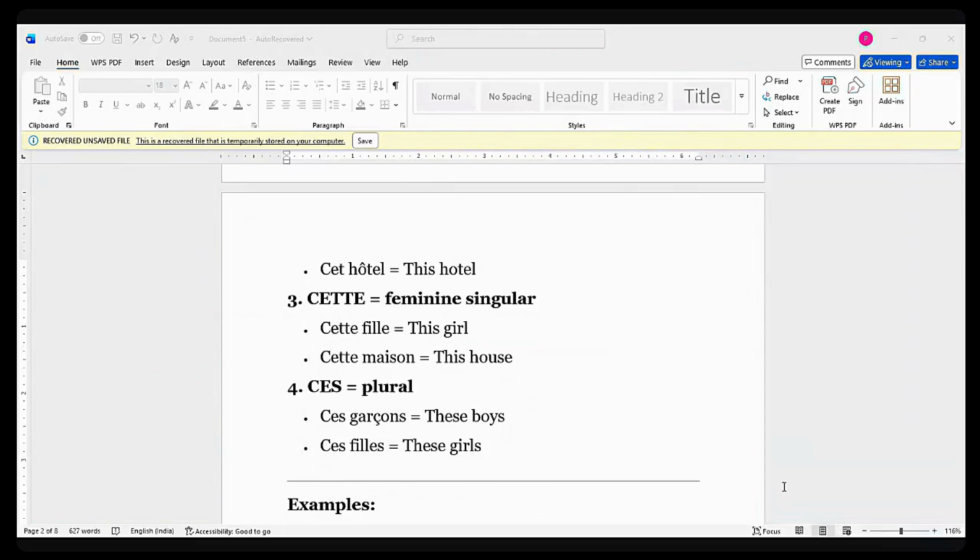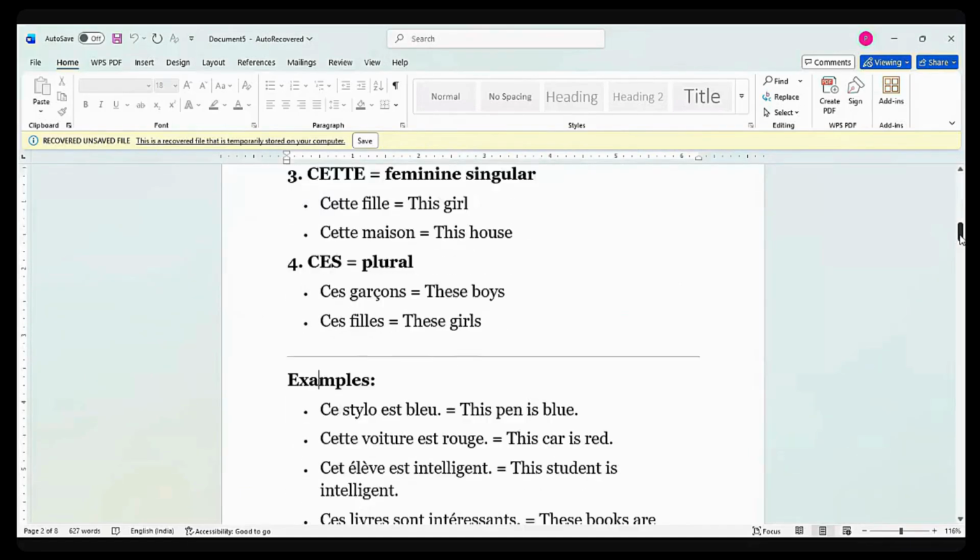If you find the last letter is S or X, you use CES here. Next ones, we have more examples.